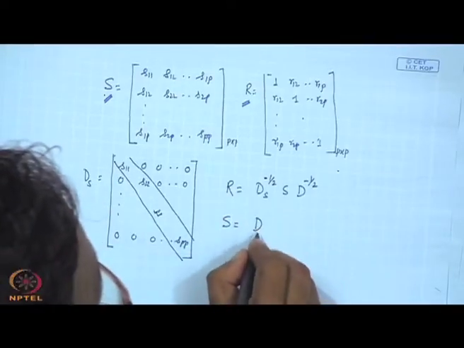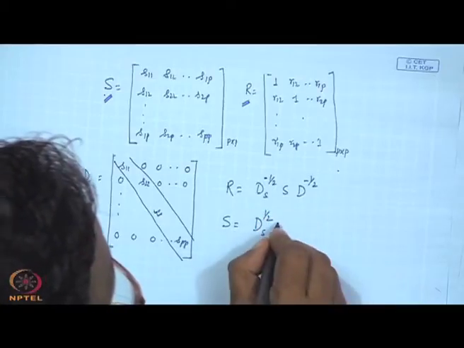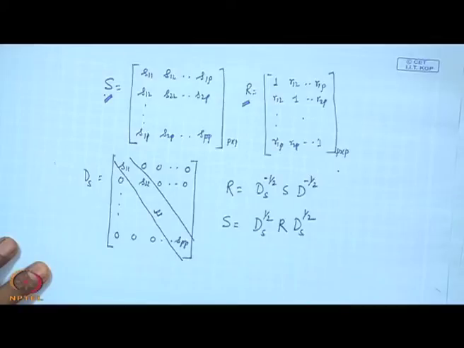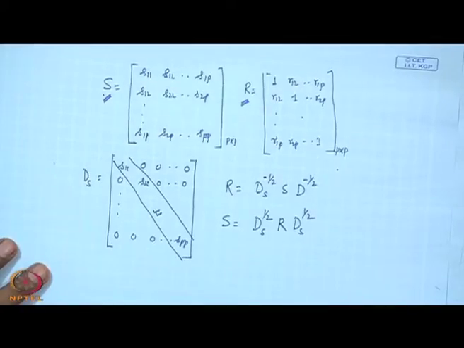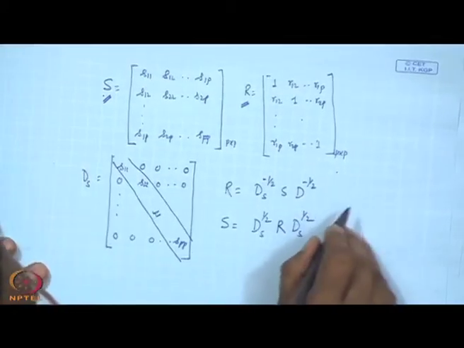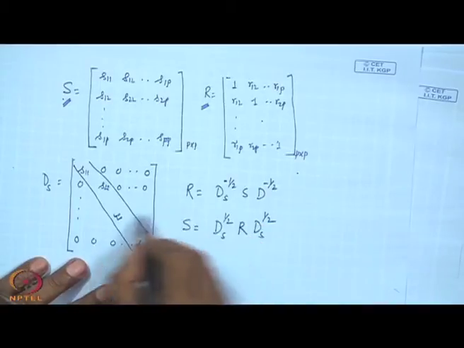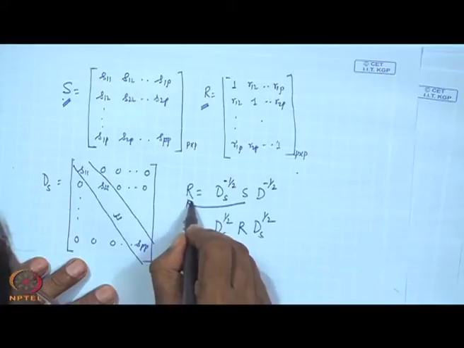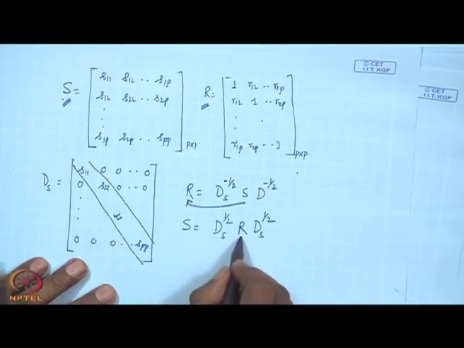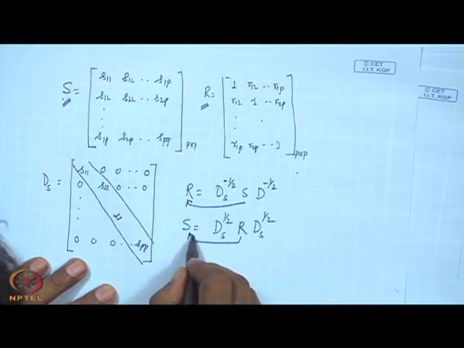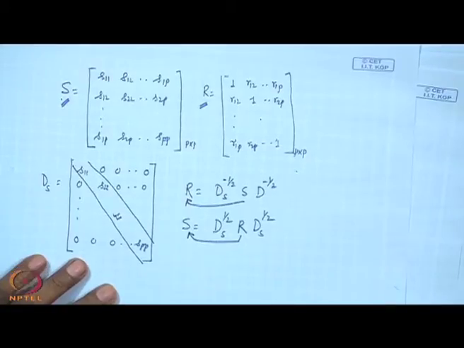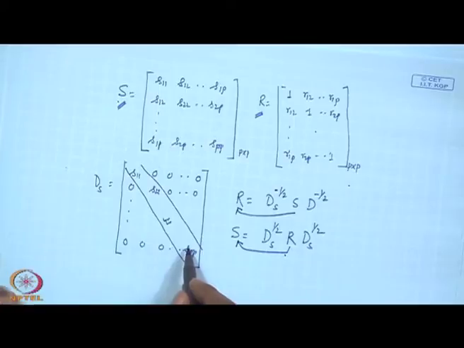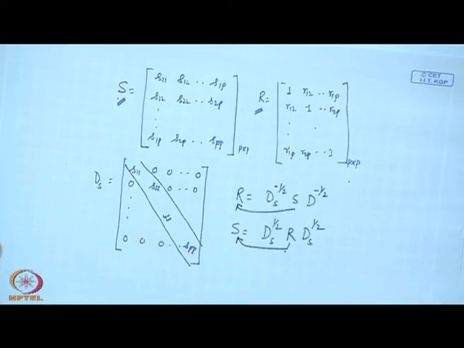What you have to do? You have to write like this, DS to the power plus half on both sides. So, this one is basically from covariance to correlation, and here correlation to covariance. Only thing you require in the second case is the variance component of all the variables considered.